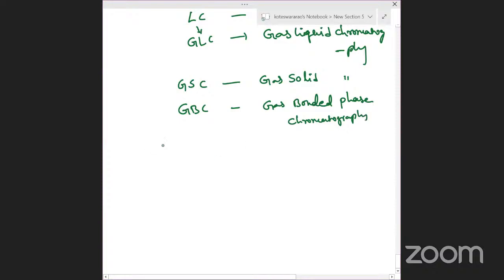Next, HPLC. We can call it in two ways: high pressure liquid chromatography, or this word is also replaced with high performance, high performance liquid chromatography.